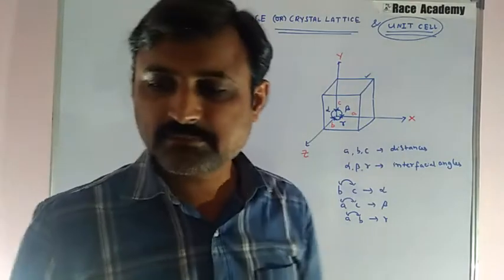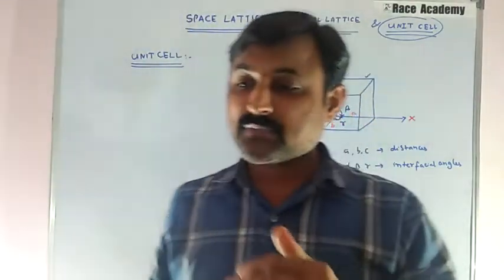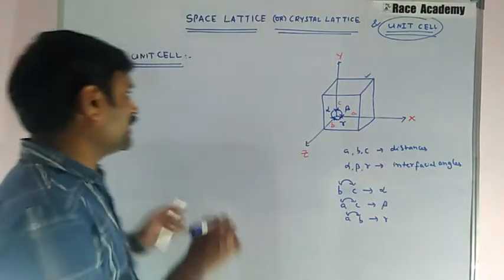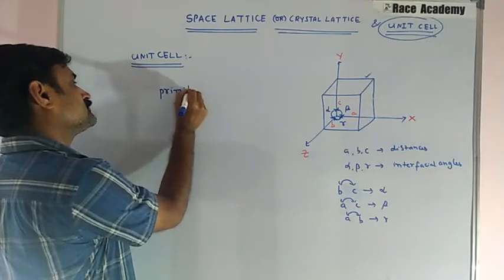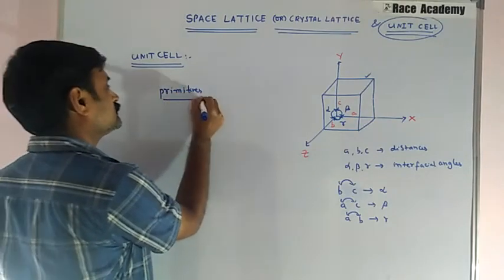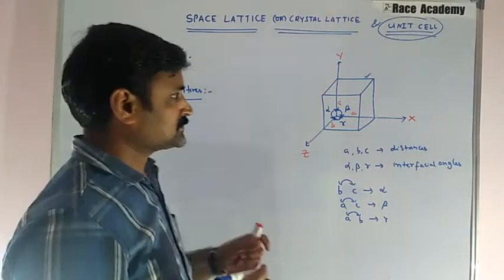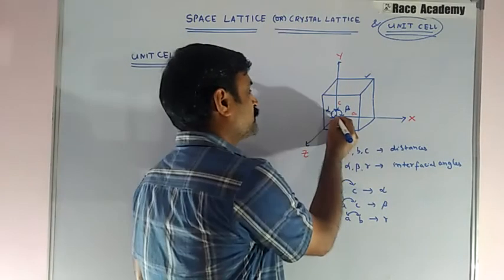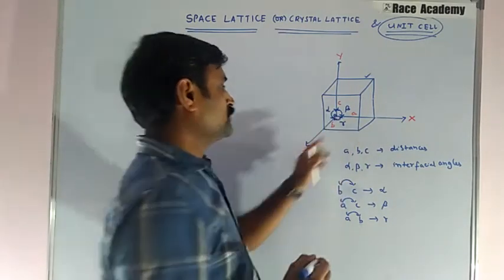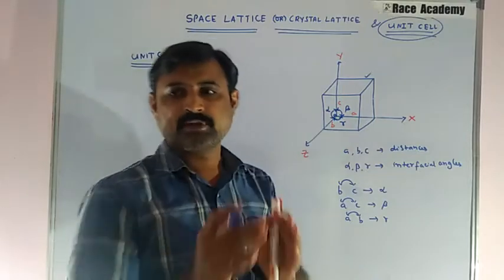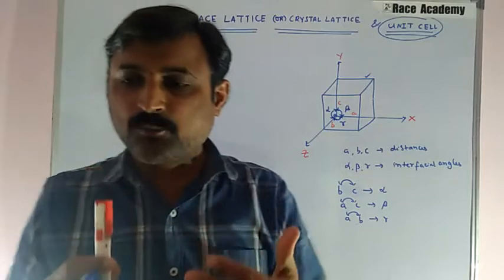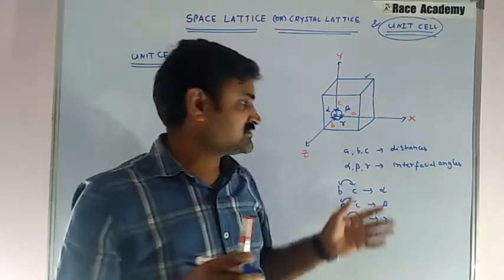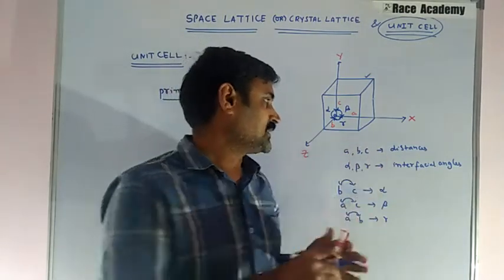The other one is talking about one important word here, that is primitives. And this point is nothing but O. Assume this is the origin, midpoint. And we are talking about one important point here, the three sides. What are the three sides?